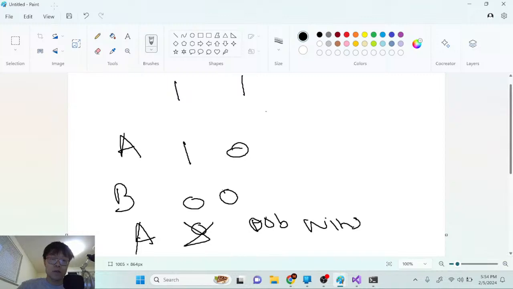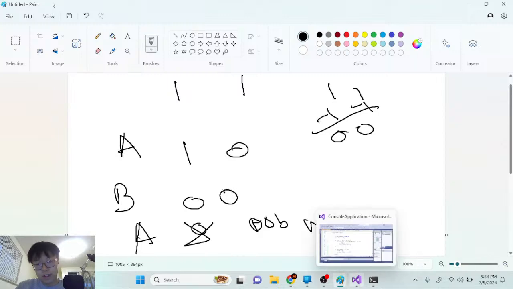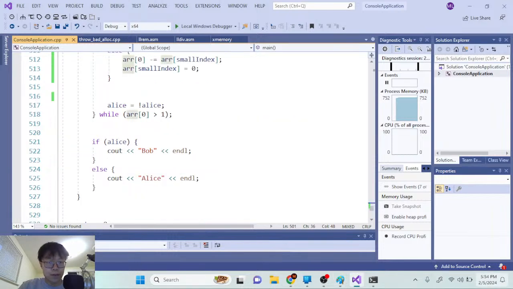Okay, so if we were to minus 1 on both sides, Alice's turn, we hit 0, 0. Then it should be Bob's turn. Bob's turn, it gets to 0, 0. So what if we skip a turn and we say, if it's Alice's turn, then Alice wins.